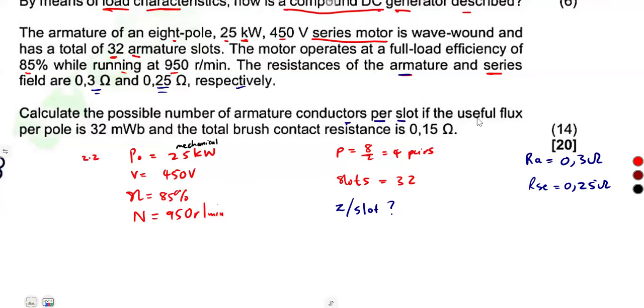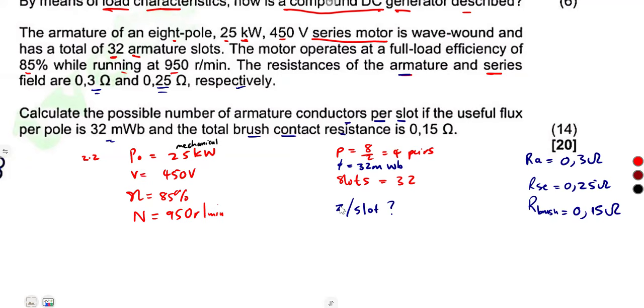If the useful flux is given, all right, so we have got the useful flux per pole, 32 milliwebers, and the total brush contact resistance. So we also have the resistance of the brush, 0.15 ohms. All right.